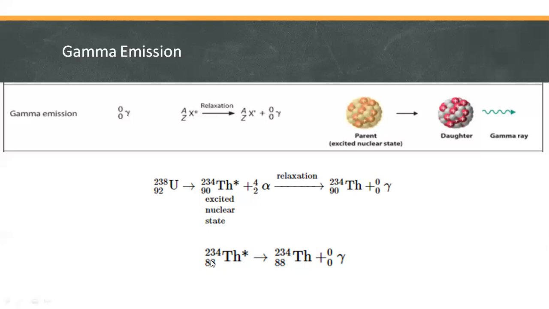That's why in this example, thorium's mass number and atomic number are not changed. Gamma ray emission is therefore the only kind of radiation that does not necessarily involve the conversion of one element to another, although it is almost always observed in conjunction with some other nuclear decay reaction.